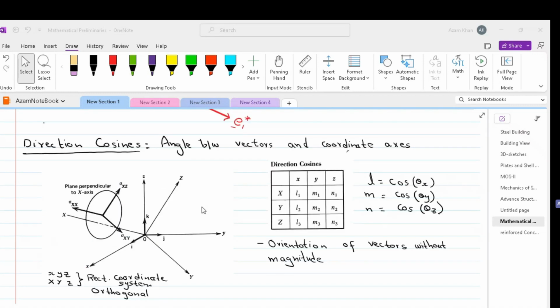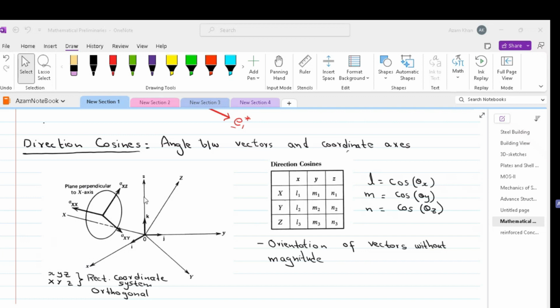Another relevant concept related to the transformation is direction cosines. Direction cosines, or sometimes called directional cosines, are a set of trigonometric ratios that describe the orientation or direction of a vector in three-dimensional space. They are used to represent the angles between a vector and coordinate axes or any other set of mutually orthogonal axes.